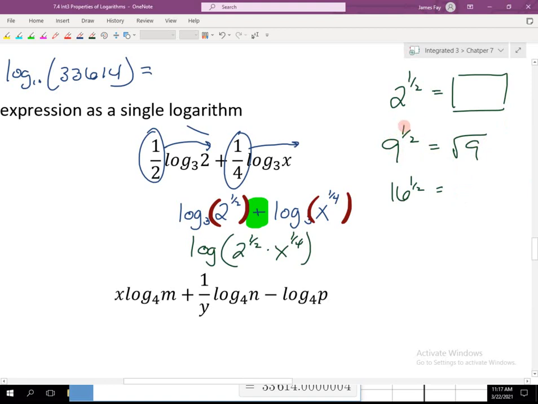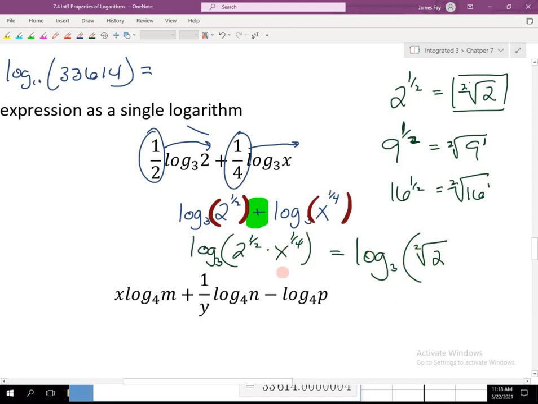Remember, that number right there is the exponent for the 9, and that number right there is the root that we're taking, right? So 16 to the 1/2 would be that. So 2 to the 1/2 would be square root of 2. Does that make sense? Okay, so I'm going to rewrite this as log base 3 of the square root of 2.